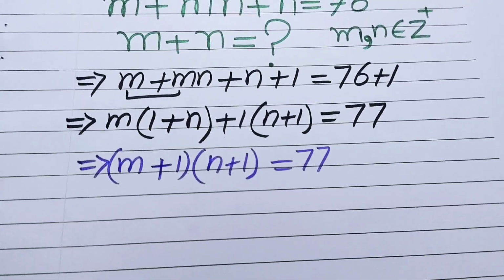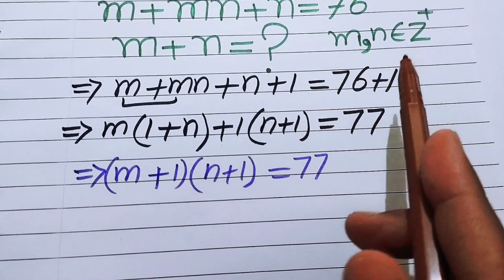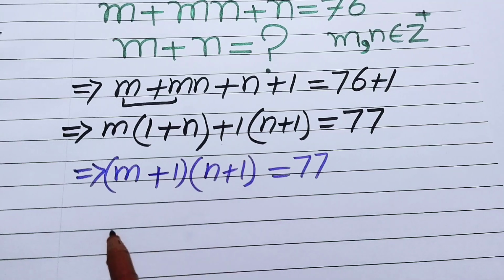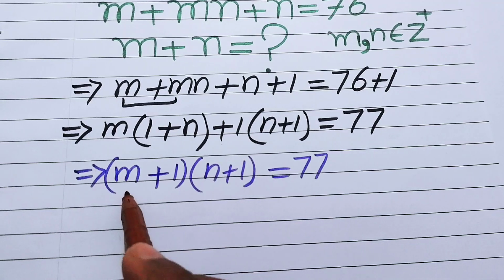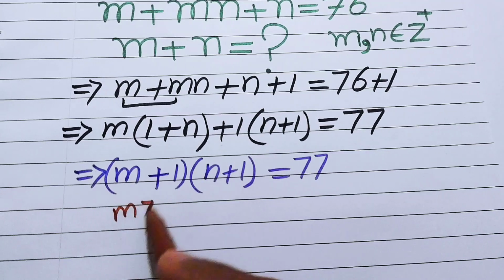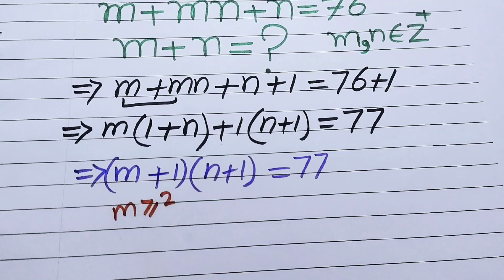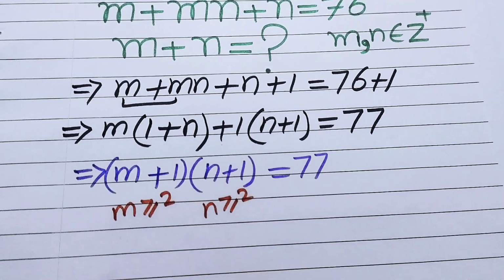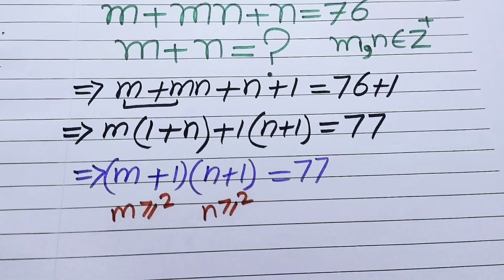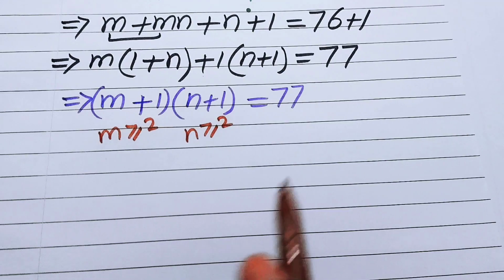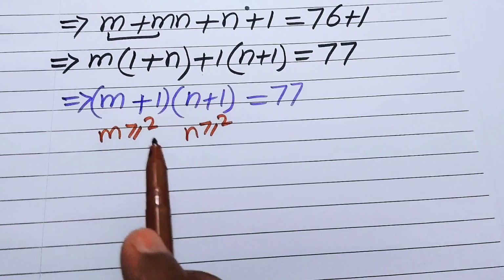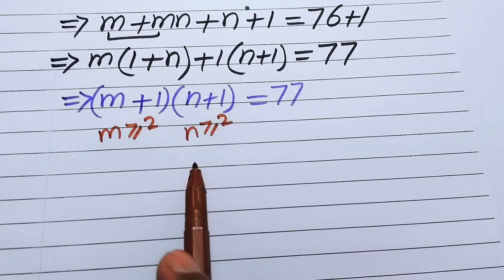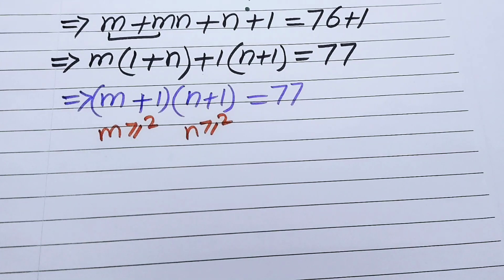But remember that m and n are positive integers, so if m is positive, m plus 1 is also positive, and m plus 1 must be greater than or equal to 2. Similarly, n plus 1 must be greater than or equal to 2. So we make the factors on the right hand side which satisfy this condition.